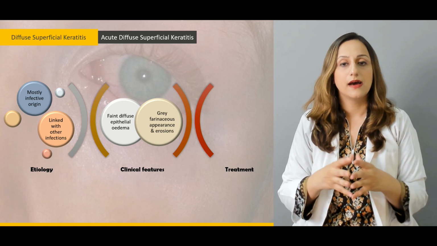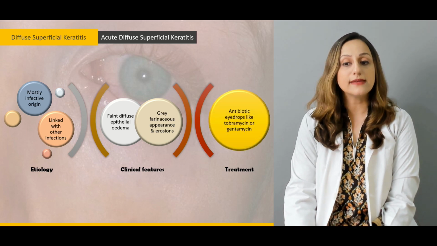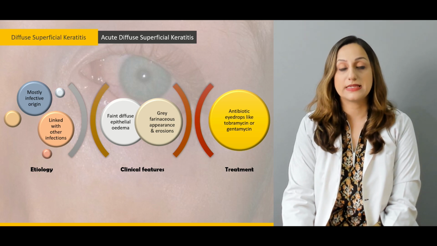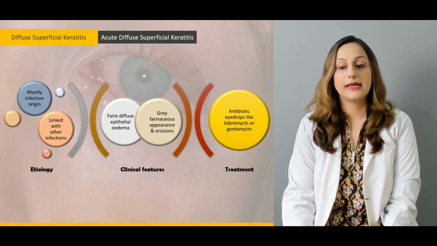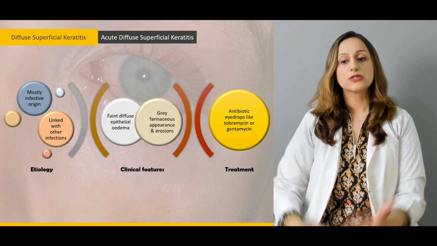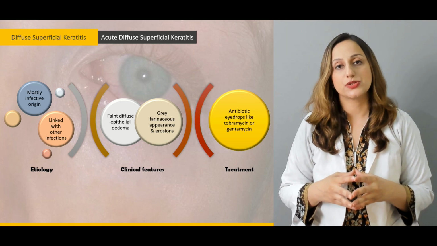That is, atropine is usually prescribed. Antibiotic drops can also be given as a specific therapy, like tobramycin and gentamicin. These are the topical treatments that you would advise to the patients.